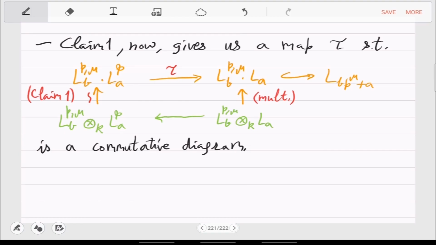So that's the well-defined linear map, just applying phi inverse on this component.